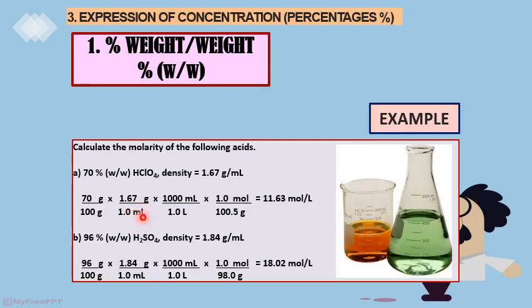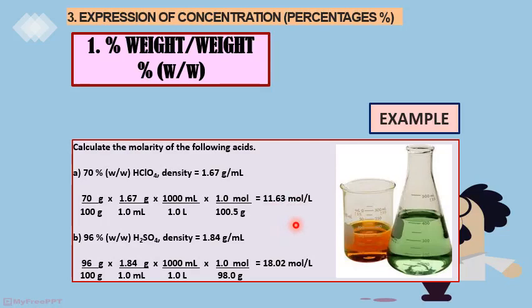So we convert this milliliter into liter using the conversion factor 1000 milliliter per 1 liter. You cancel this milliliter, leaving the liter. So the final answer you will have 11.63 mole per liter.